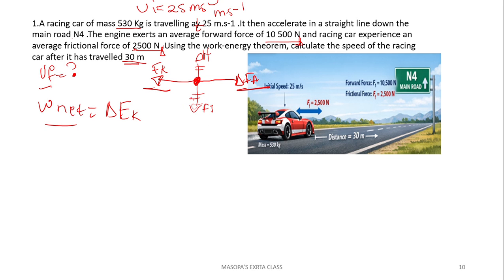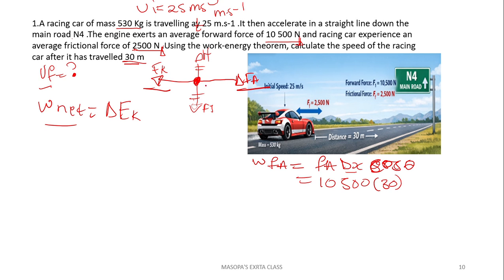So let's quickly look at the work done by the applied force, which is the force by the engine exerted on the object. So we need the applied force times delta x times cos theta. So the applied force is 10,500, delta x is 30. Then let's look at the angle.